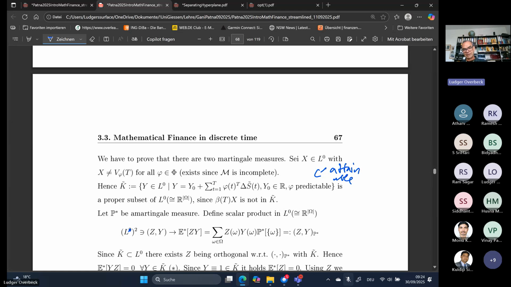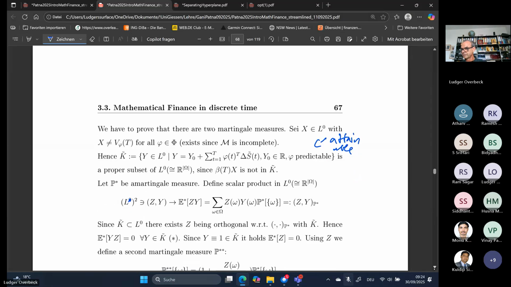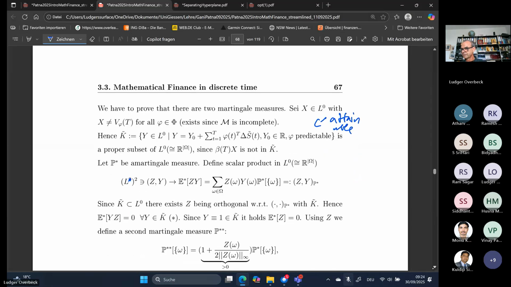You have an element which is not in your subspace. It's a real subspace. You have an orthogonal element, which we call Z. The set of attainable claims is a real subvector space.